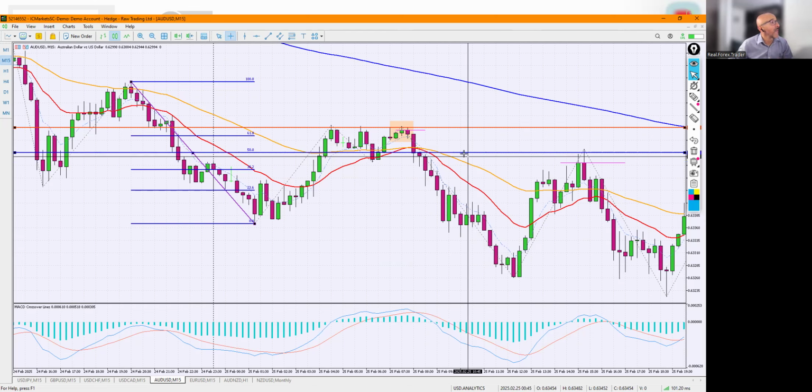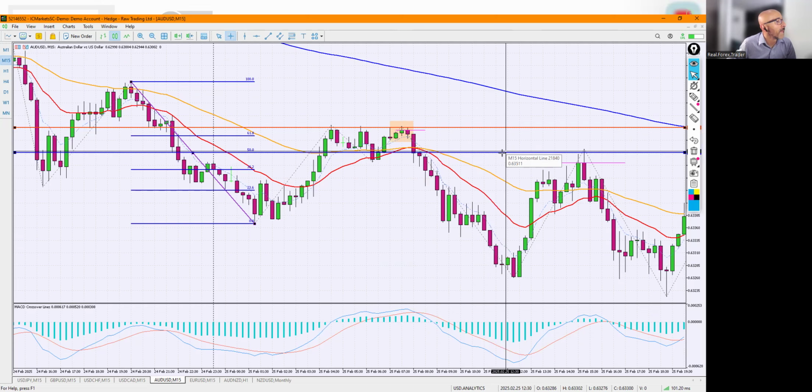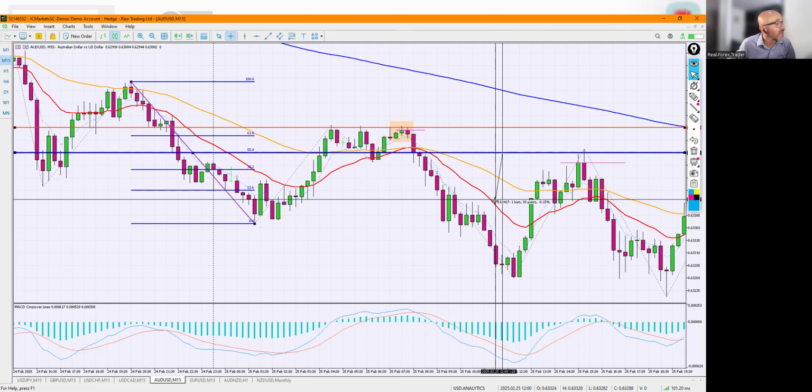So for instance, if I have on this trade my stop loss here, 5 pips, it should be at least 15 pips, right?